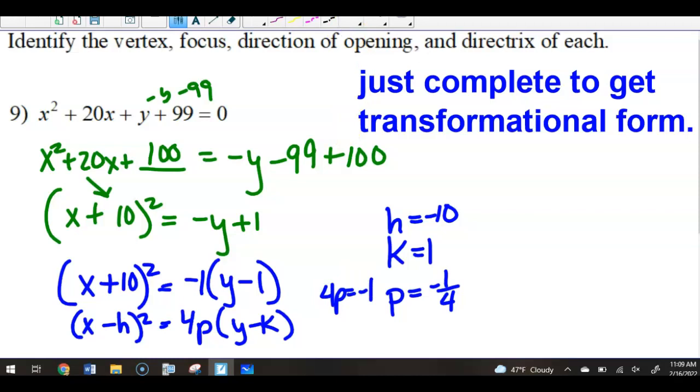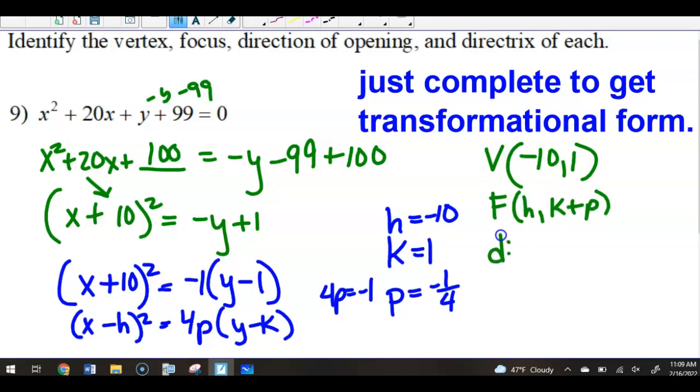I'm going to actually go through focus and directrix for this one, because when it's negative, it's tricky. So just watch. I don't care if you write them down or not, but the vertex would be h, k, so negative 10, 1. And this had an x squared, so the formula for focus is h comma k plus p.